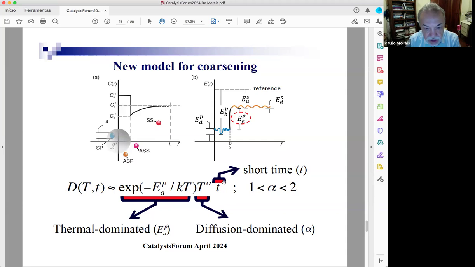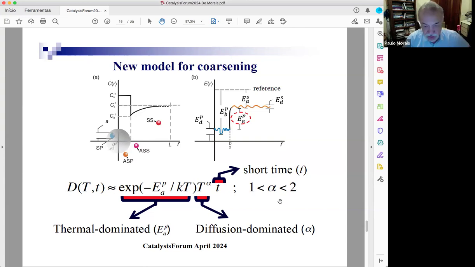Okay, t is time, and this is the short-time approximation, as I mentioned before. So the size dependence on time and temperature can be looked at as this expression, actually. One important point is the exponent alpha, which is the diffusion-dominated term. It runs between 1 and 2.